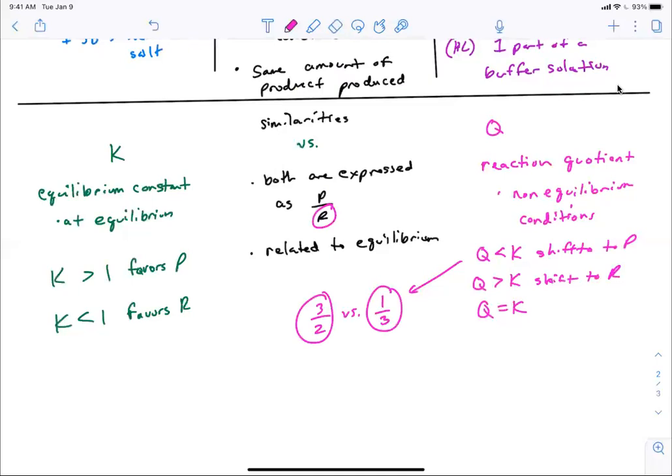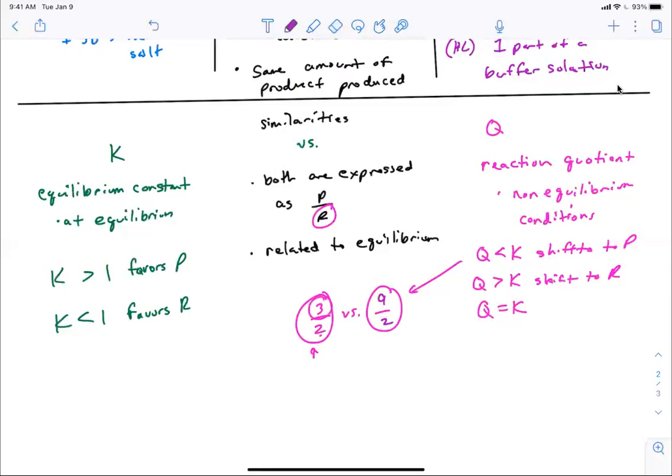Sorry, I wrote the fractions the opposite way of what I was trying to do there. My fault.